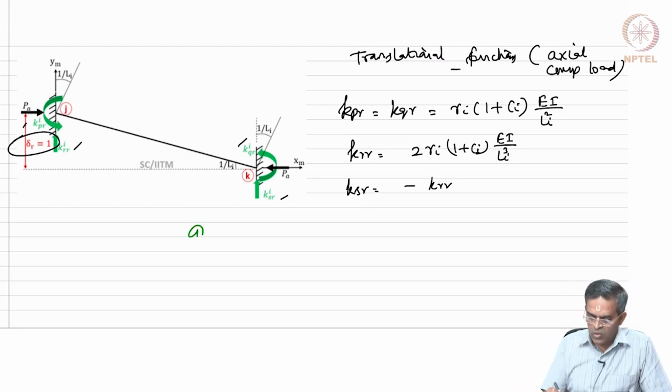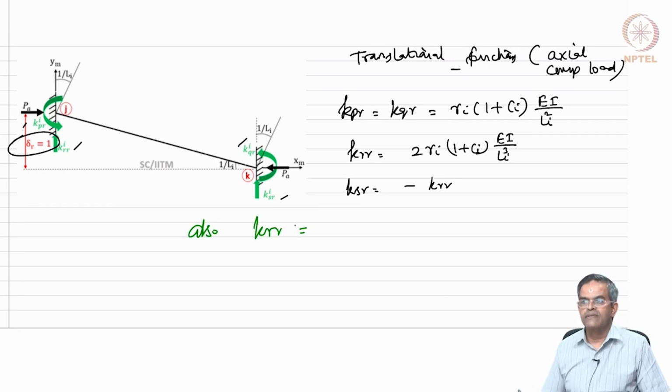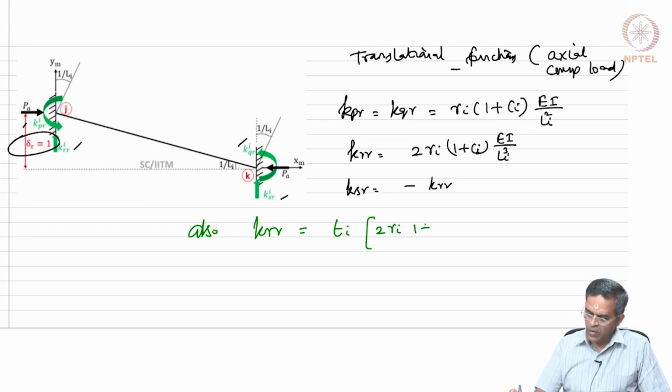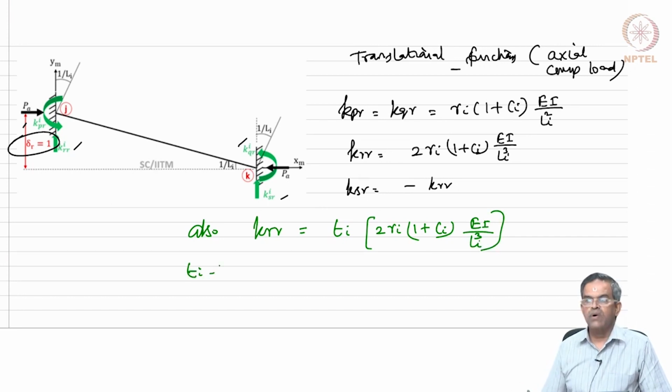So, we said also let KRR be expressed as Ti times of 2Ri 1 plus Ci Ei by LIQ, okay, where Ti is called as translation function.